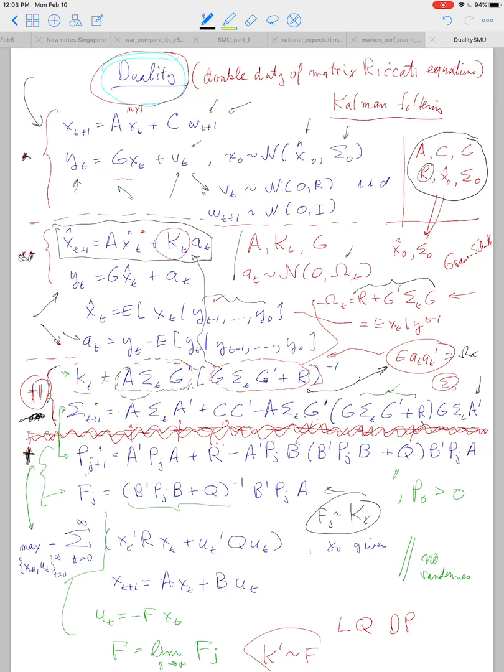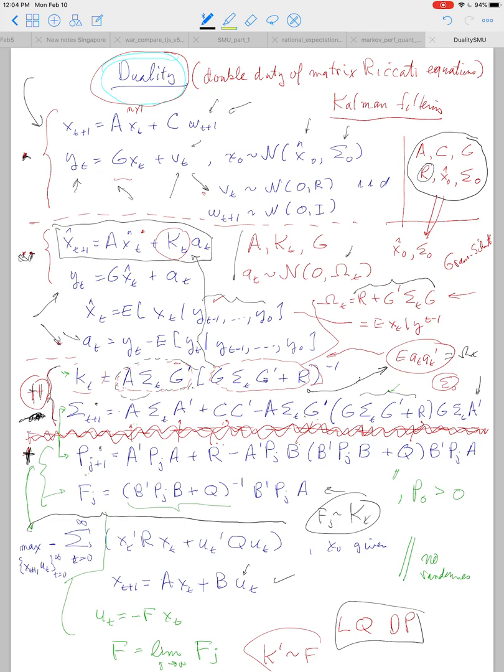And in particular, the problem that led to the P and the F is down here. It's the linear quadratic dynamic programming problem, where there's a state space that moves like this, where u_t is a control now. There's an objective function which is a negative of x_t prime R x_t plus u_t prime Q u_t summed over all t. And we want to minimize that because R and Q are positive definite matrices.